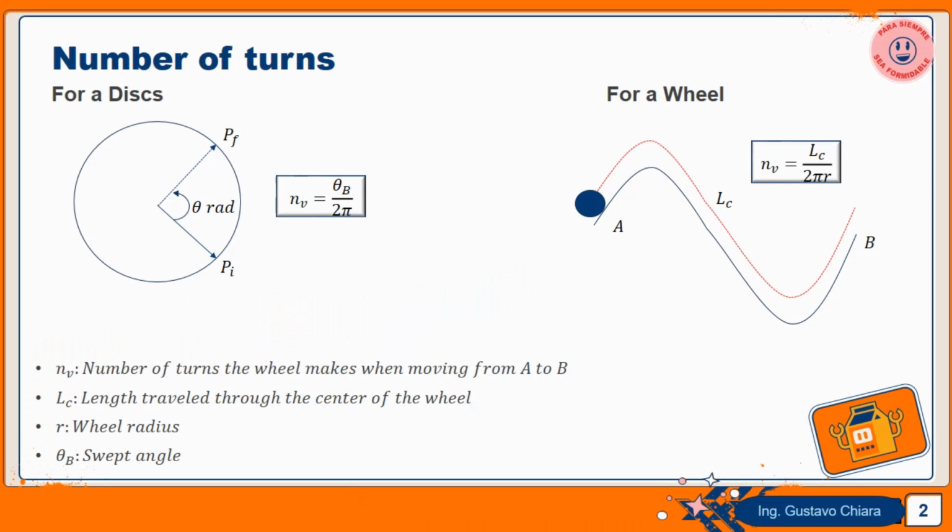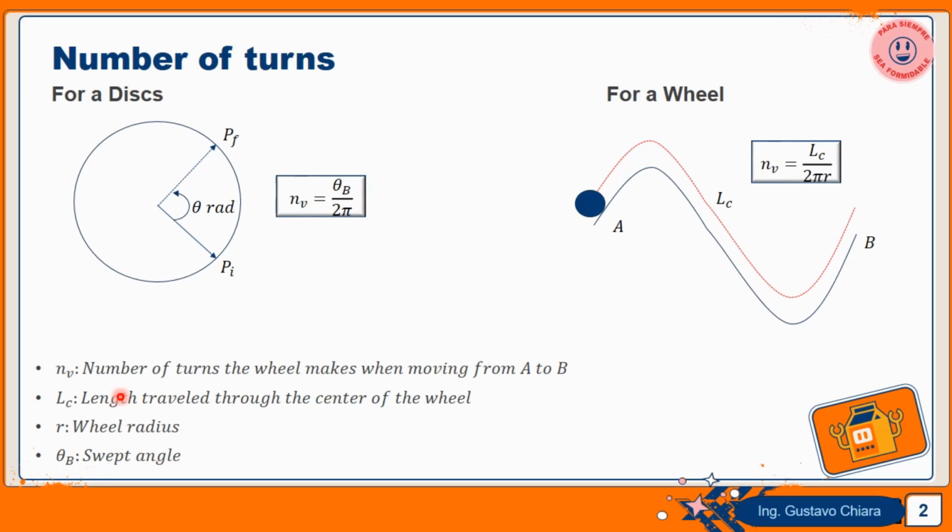Okay, the most important thing here is to find the number of turns of the disk, wheel, etc. For example, in the picture you can see the initial point, the end point, and obviously the angle in a circular system. In the picture you can see the letter N, which is the number of turns that a wheel makes when moving from A to B, or in that case from the initial point to the end point.